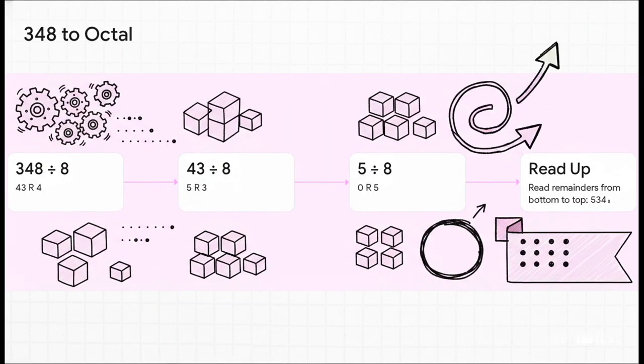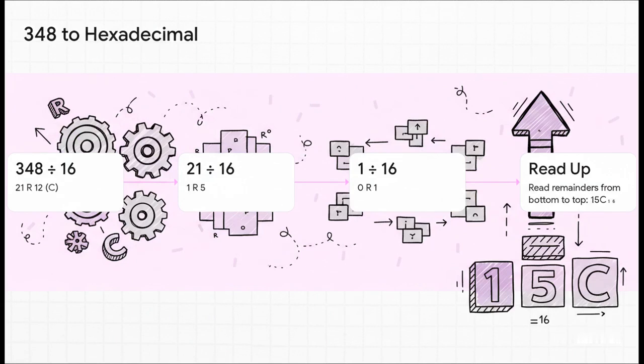For octal, it's the exact same process, but this time, you guessed it, we divide by 8. We take 348, divide by 8, take that result, divide by 8 again, and so on. Again, we read the remainders from the bottom up, and we get 534 in octal. See? It's the same pattern. And finally, for hexadecimal, we divide by 16.